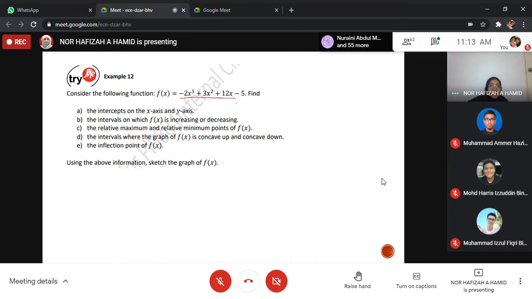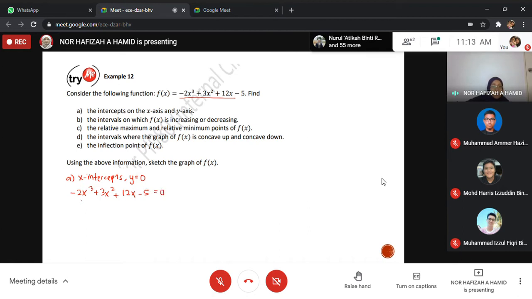First you need to find the x and y intercepts. For part A, first you calculate the x-intercept. The x-intercept is when y is equal to 0. So from f(x), you have the cubic function, and you set it equal to 0.